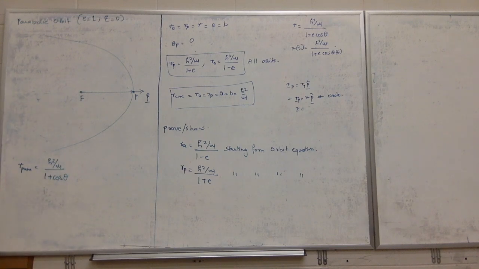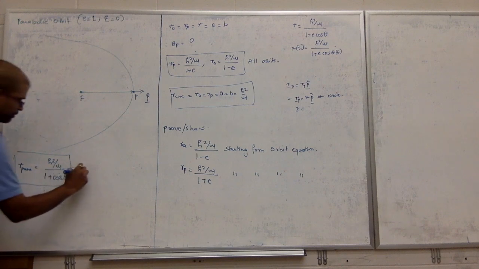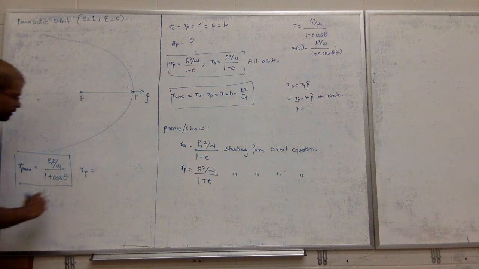Does this make sense? R for all orbits. How did I get this? You started with the orbit equation. e is 1. What do you know about RP?